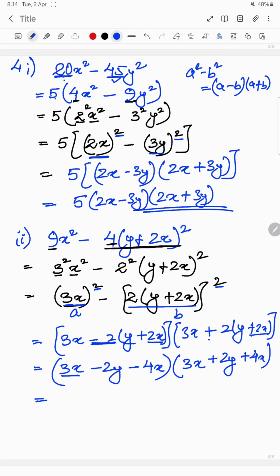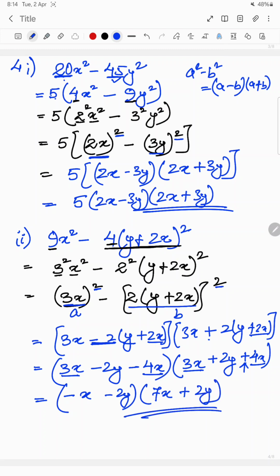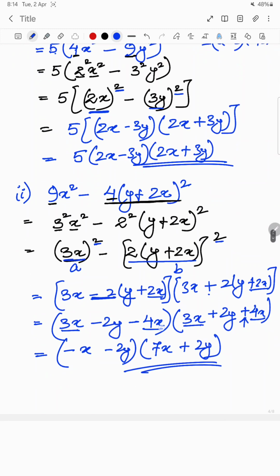I get 3x minus 4x, so 3x minus 4x is minus x minus 2y, into here I have 3x and here I have 4x, and what is the sign here? Plus. So I have to add. So 3x plus 4x will give me 7x, and the other number is plus 2y. So this is the factor, or this is the solution of question number 4.2.